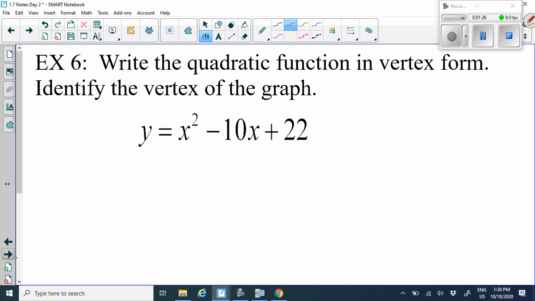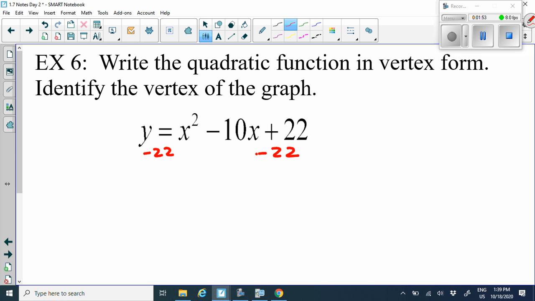Now, the nice thing about this one is that our a value is 1, so that makes it a little bit easier. Don't forget that we need to make sure that our quadratic is a perfect square trinomial. So we look at x squared minus 10x plus 22. Is that so? Well, if we look at 22, we know that it's not a perfect square, so that is a definite no. So we're going to move the 22 over to the other side with the y.